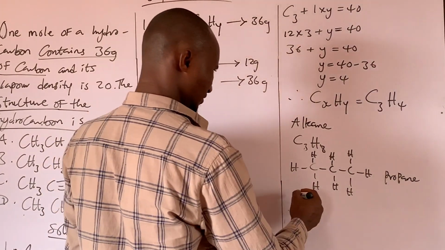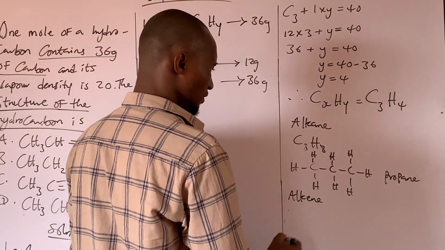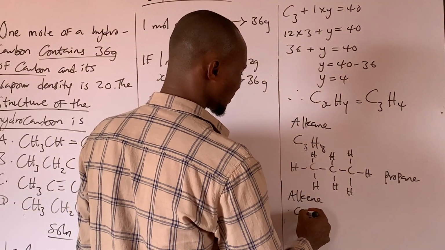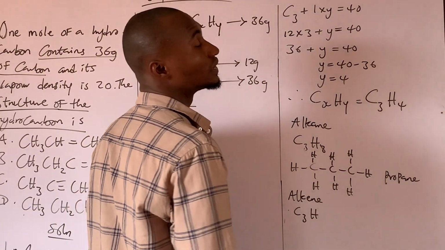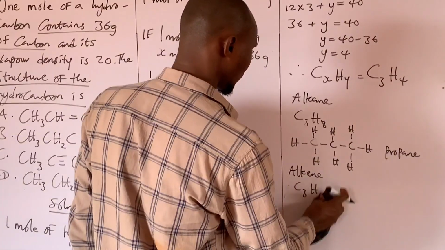Now for alkene, what do we get there? We got C3H what? H6. C3H6.